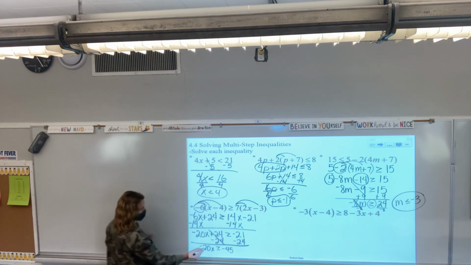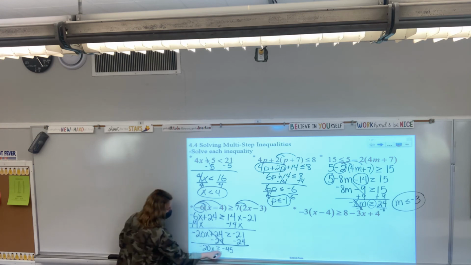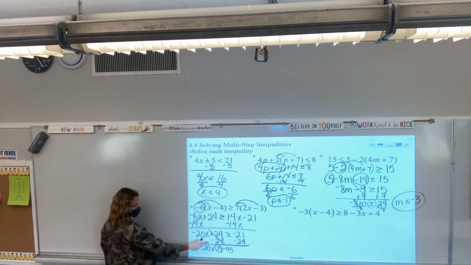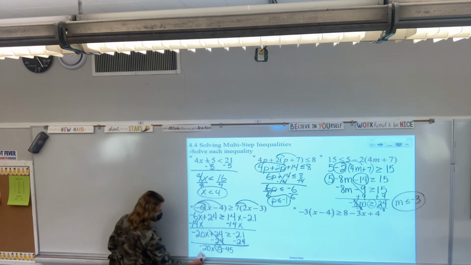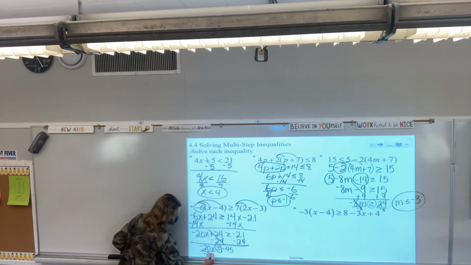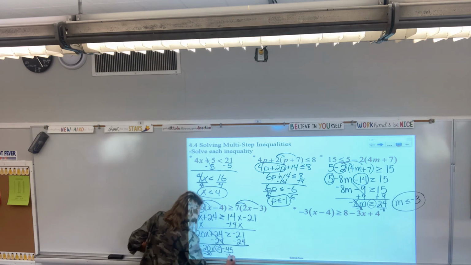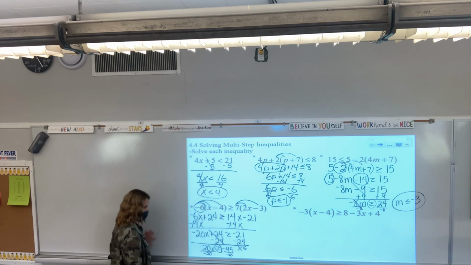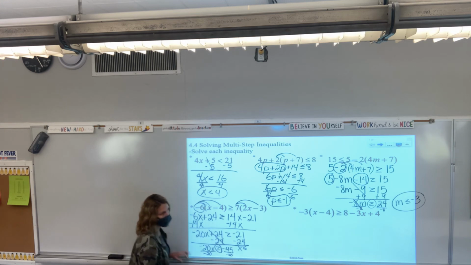Okay. Now, I'm going to get a decimal, number 1, number 2. That guy's got to move. He's going to change around instead of being greater than because I'm going to solve by dividing by negative 20. So I'm going to get x is less than or equal to, it's like 2 and something. 2 point something.